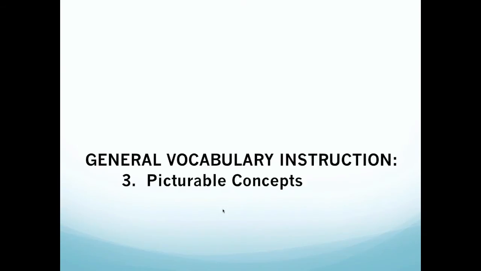The third aspect of a systematic vocabulary instruction has to do with picturable concepts. All of us, adults, children, learn words that are picturable, that are concrete, much more readily than we learn abstract words.